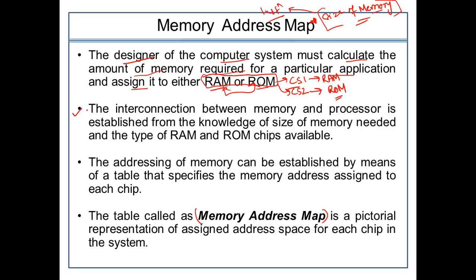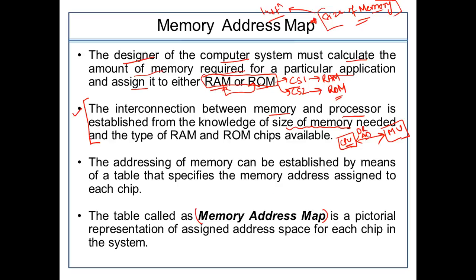The next point depicts that the interconnection between memory and processor is established from the knowledge of the size of the memory needed and the type of RAM and ROM chips available. This is obvious because whenever an instruction comes, it starts from the processor or the CPU, and only then is it processed within the memory. So the interaction between these two plays a very important role, because here we have the data bus and here we have the address bus.